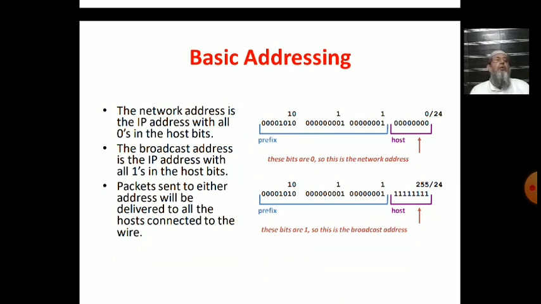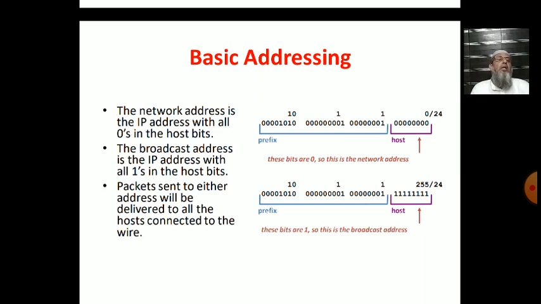Here we can see the concept of prefix and the host, separated by zeros and ones. In the first part, the prefix contains 10, 1, 1, and the host part is 0, 0, 0, 0. It means the first part shows the network, so 10.1.1.0 is the network ID.